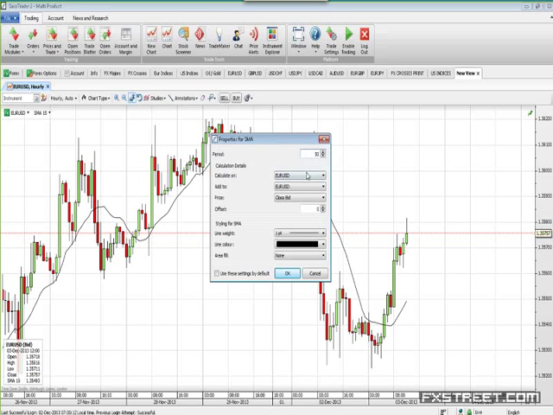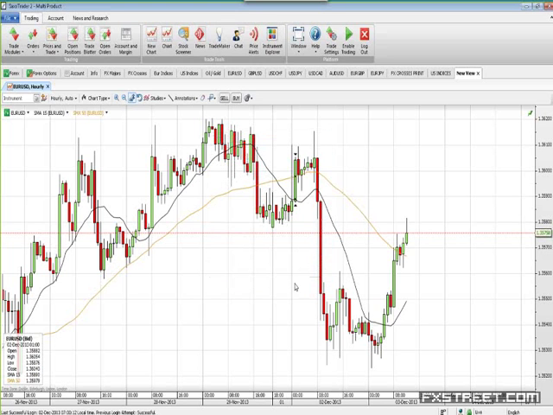So we're going to put 2 moving averages on, a 50 and a 10. You can't have your moving averages too close together because otherwise they'll just be crossing all the time and you won't be able to define a trend. Moving averages are really there for a visual effect, so you can look at it very quickly and say, yes, it has corrected lower, but is the trend still to the upside?